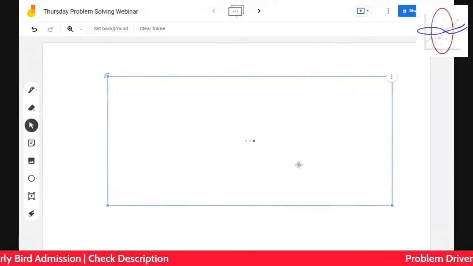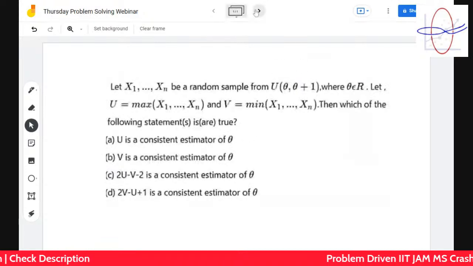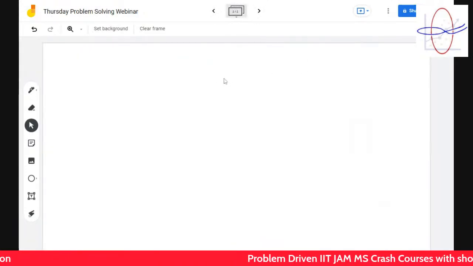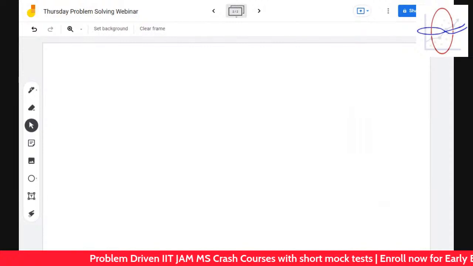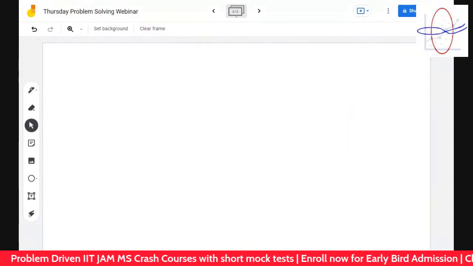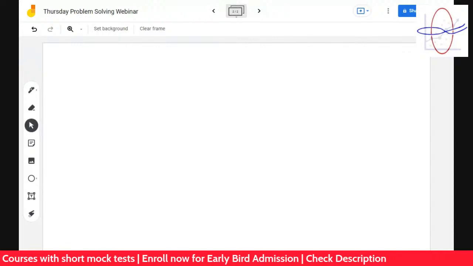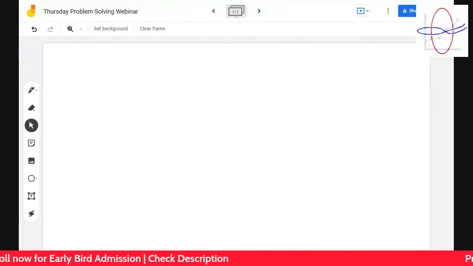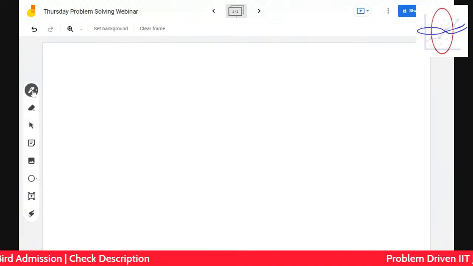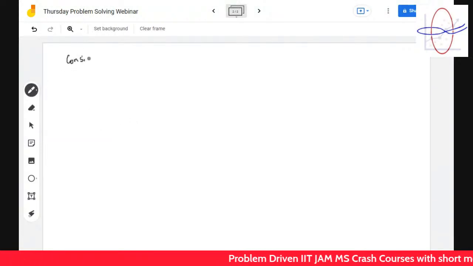Before that, let's start with the definition of consistent estimator. We are already doing the crash course where we have already started the sufficiency. I think we are quite okay with the sufficiency part, I hope. As I have introduced the properties of estimators, sufficiency is a small sample property, but consistency is a large sample property.